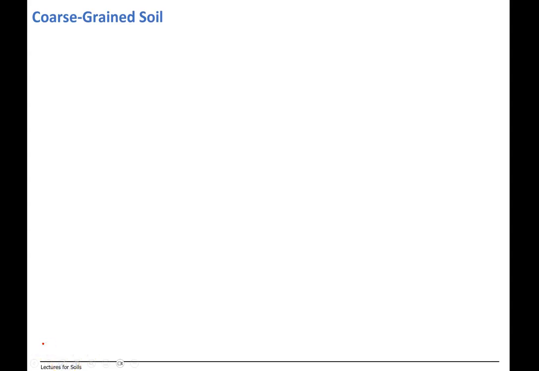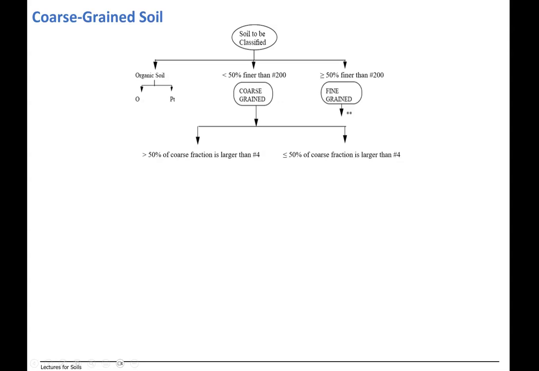Now that we have the answer to step 1, so we either have a coarse grained soil or a fine grained soil. If you have a coarse grained soil, then you need to follow the steps in this slide. So from step 1, we looked at sieve number 200. We said that less than 50% is finer than number 200, which means that we have a coarse grained soil.